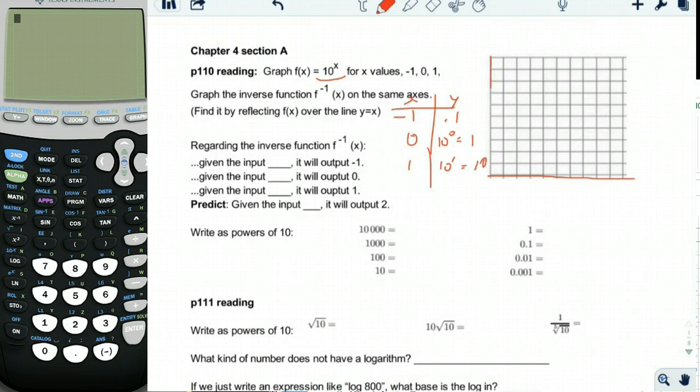I would graph 3 points. Let's see, I'm going to put the x-axis there, and I'm going to put the y-axis here.